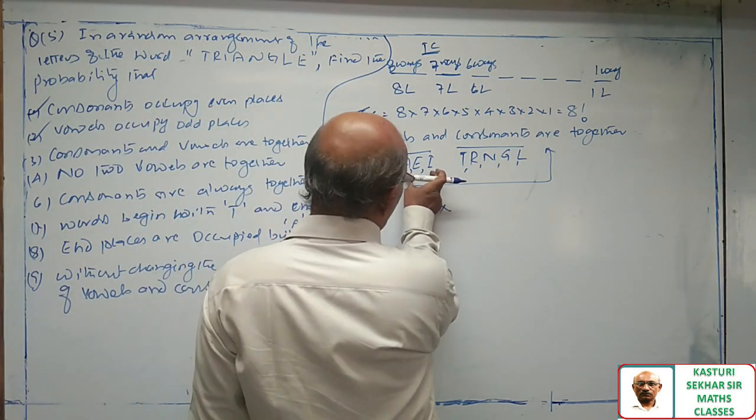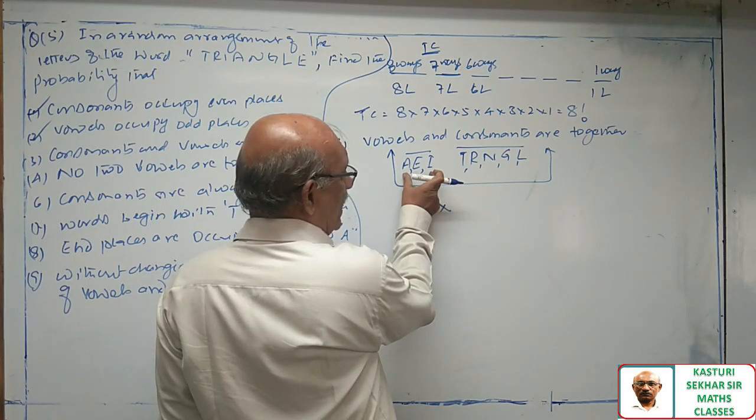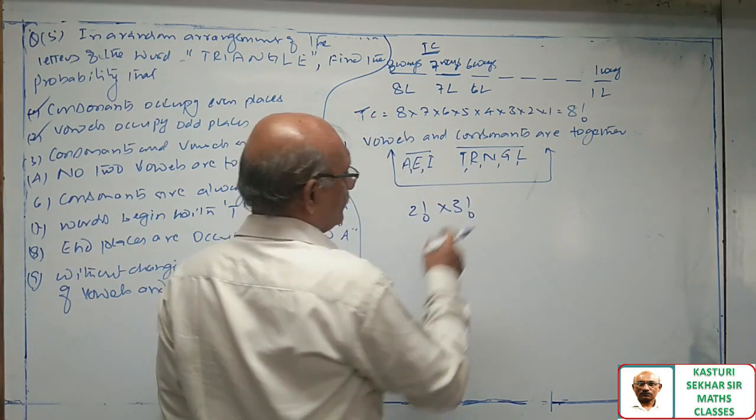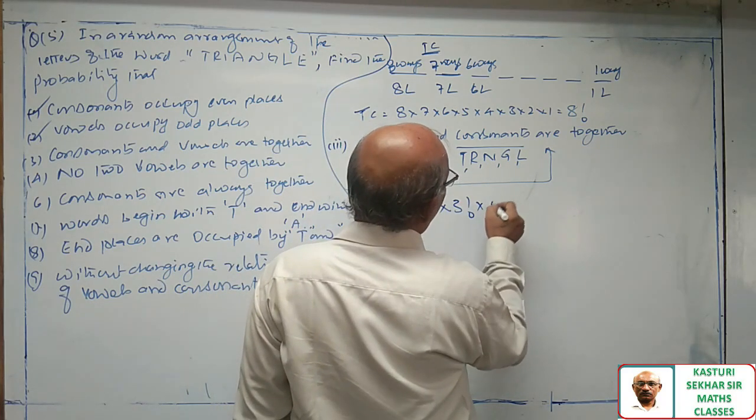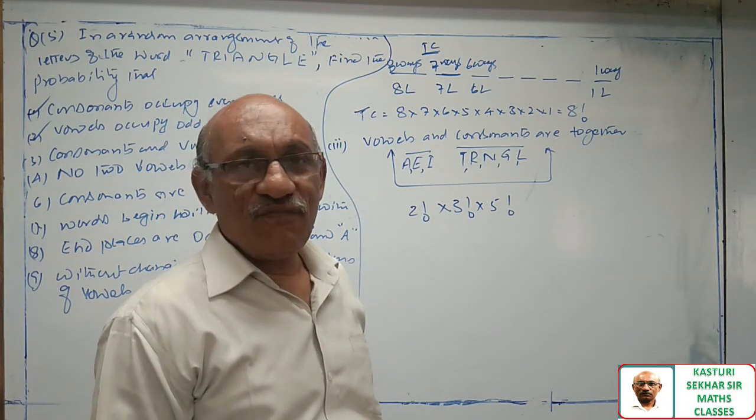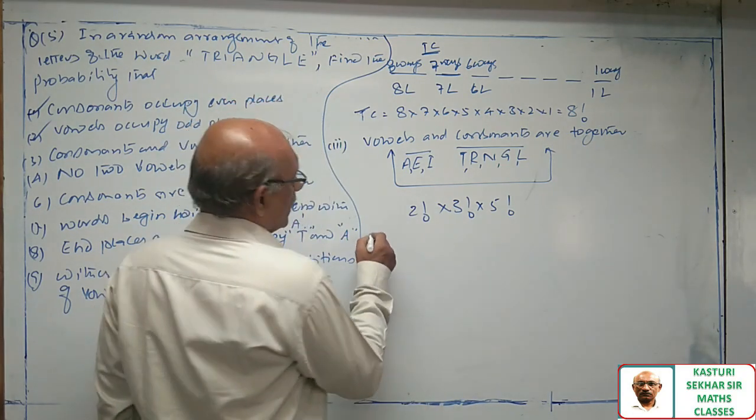After this, look at this bracket. Inside the bracket, how many letters are there? 3 letters are there, 3 factorial. And in this bracket, there are 5 letters which can be arranged among themselves in 5 factorial ways.